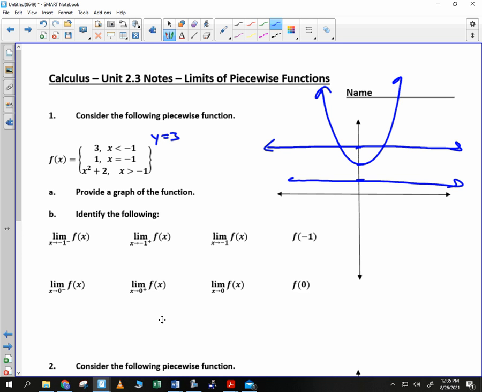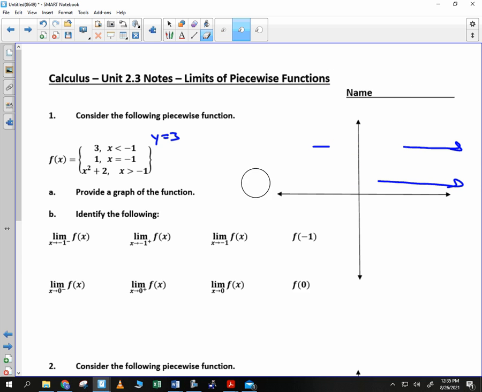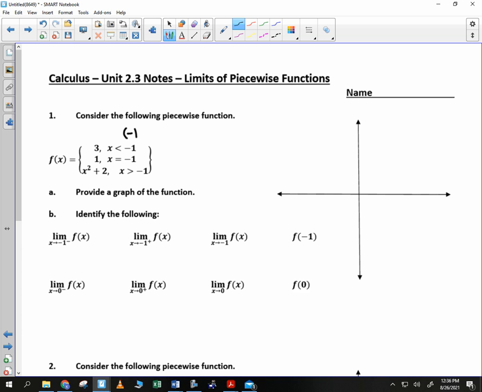Okay. So let's sketch these graphs over the specified domain. The graph of 3 for x less than -1. -1 is where we have a break in the graph.